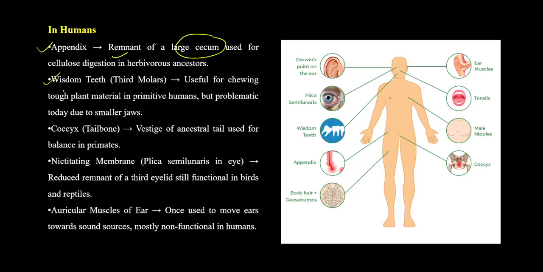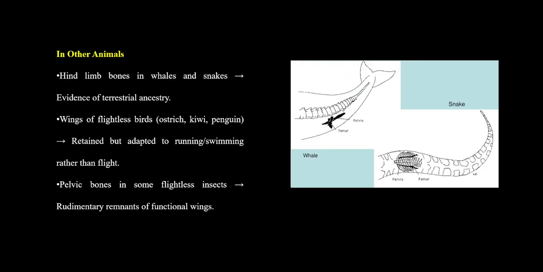Wisdom teeth are there. The tailbone is there, which is functional in the primates. Then the nictitating membrane, which is present in the eye. Then the auricular muscles of the ear. All these are examples of vestigial organs.